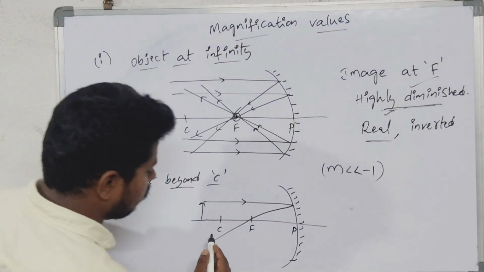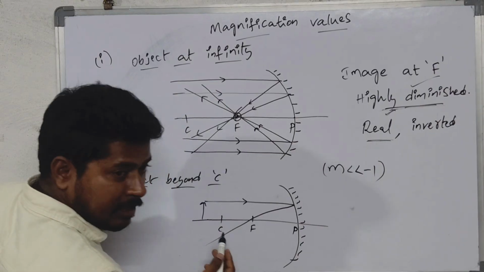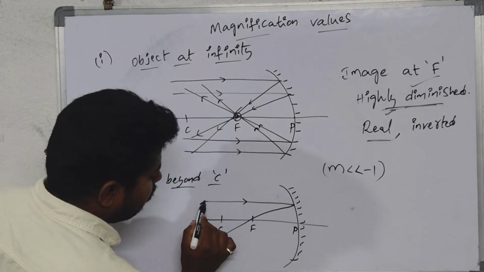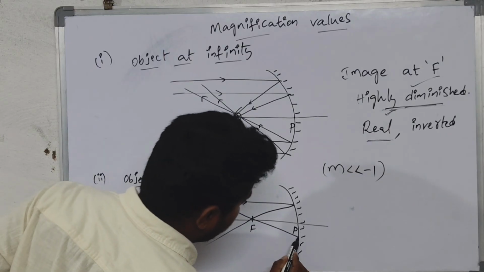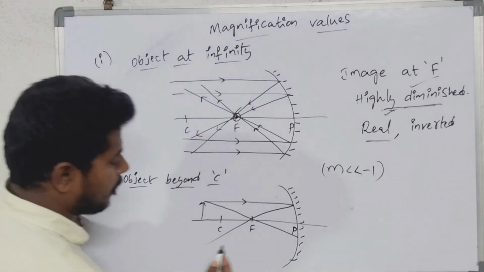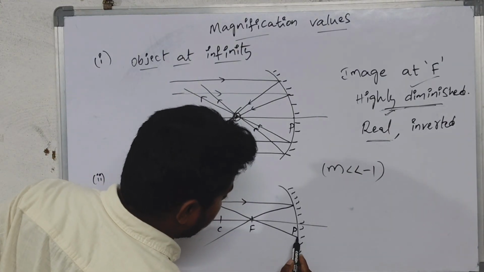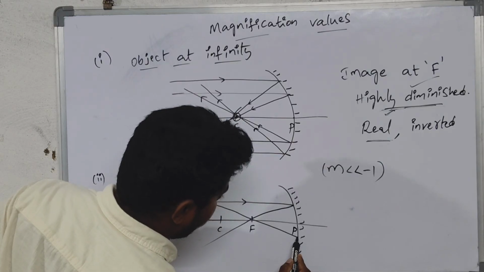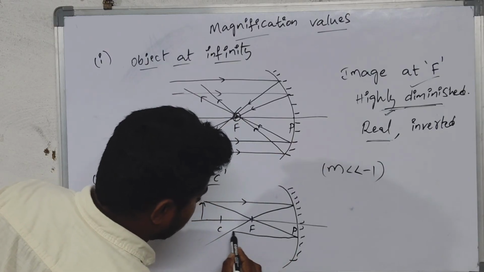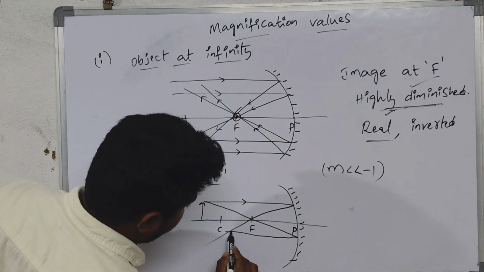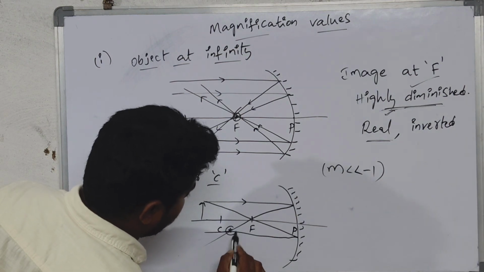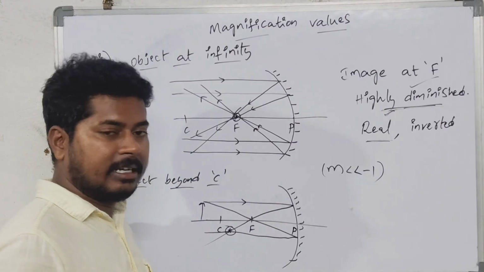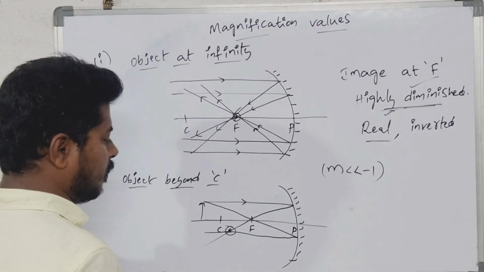And one more rule: the incident ray coming from the object towards the mirror strikes the mirror, gets reflected back, and after reflection it becomes parallel to the principal axis. Where the reflected rays intersect, their image can be formed.